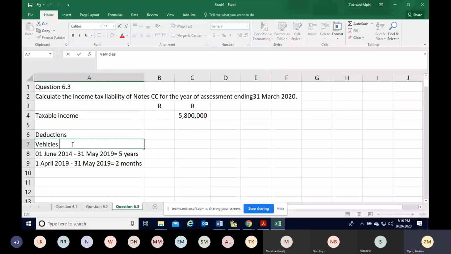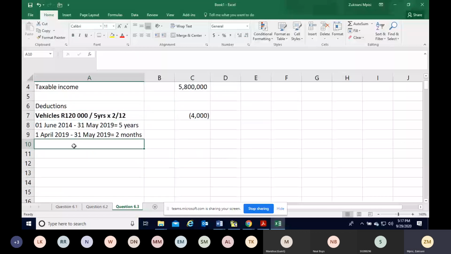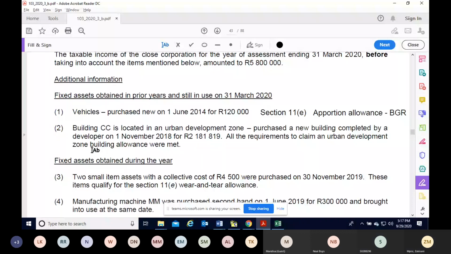So the vehicles of 120,000 are going to be divided by 5 years, multiplied by 2, divided by 12. That gives you 4,000. So that's the capital allowance for the vehicles: 4,000.